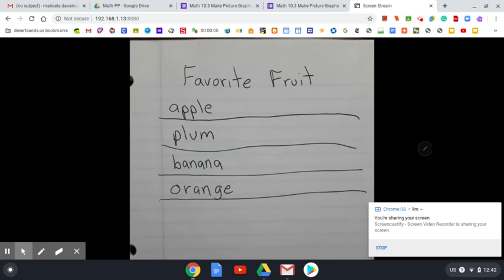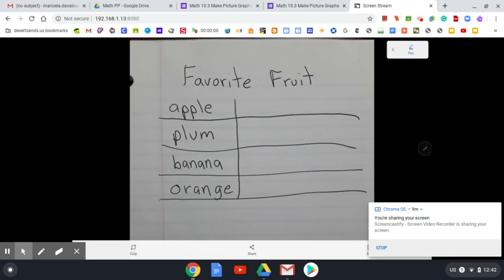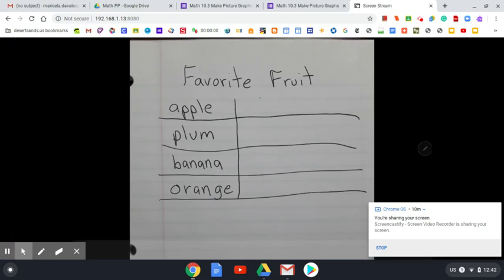Now, the first one is to separate the picture from the name. So now you're going to have to draw one square, 2 squares, 3 squares, 4 squares, and of course the last one, 5 squares.